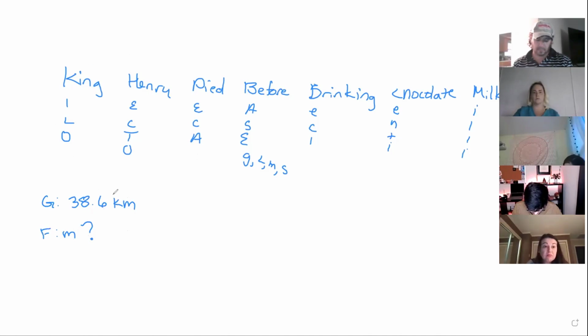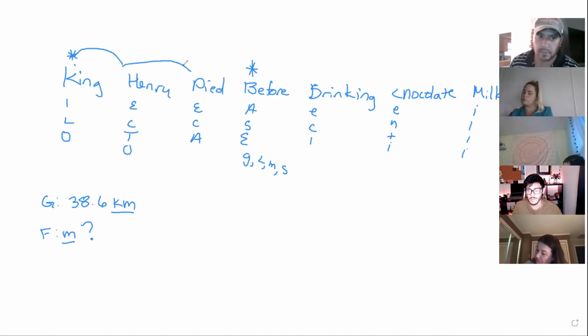So let's figure out, where are we starting? What is the unit we're starting with? The kilometer. So we're starting over at King. Where are we ending? At the meter, the base unit. How many hops does it take to get over there? 1, 2, 3 hops to the right.